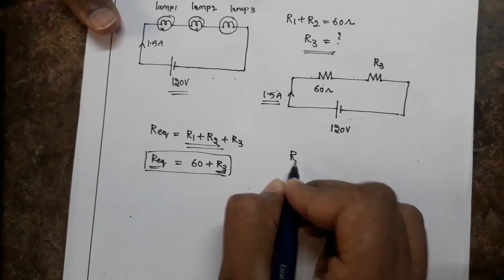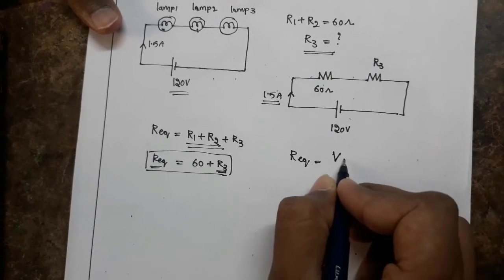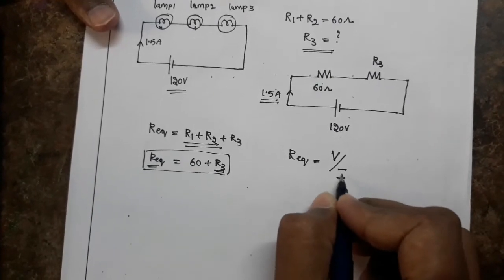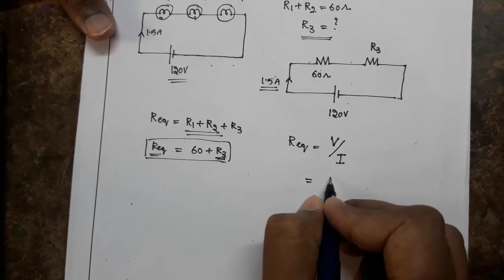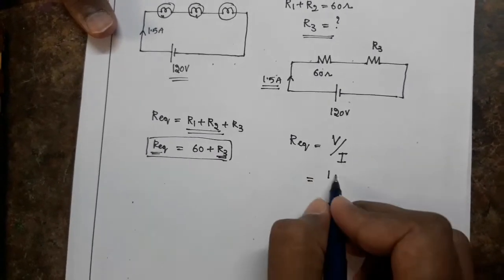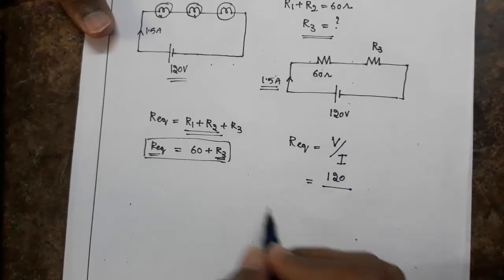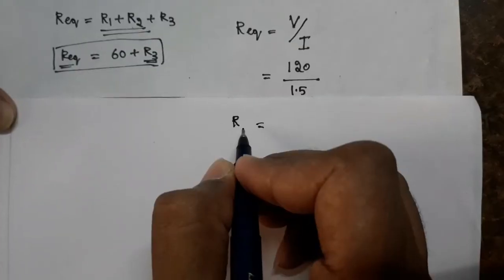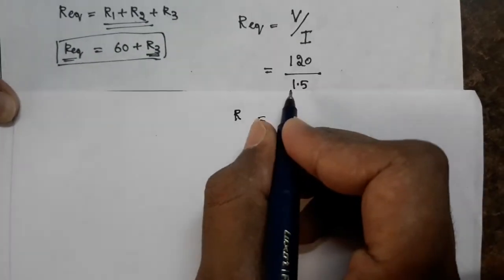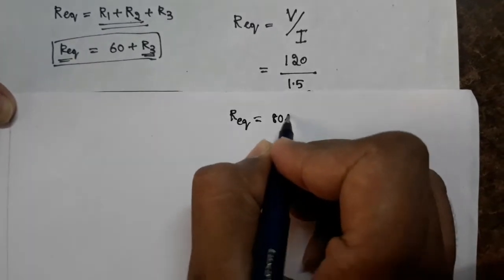We know R equivalent equal to total applied voltage divided by current, from Ohm's law. So the applied voltage is 120 volts and the current is 1.5 amperes. Friends, by solving this we get R equivalent equal to 80 ohms.